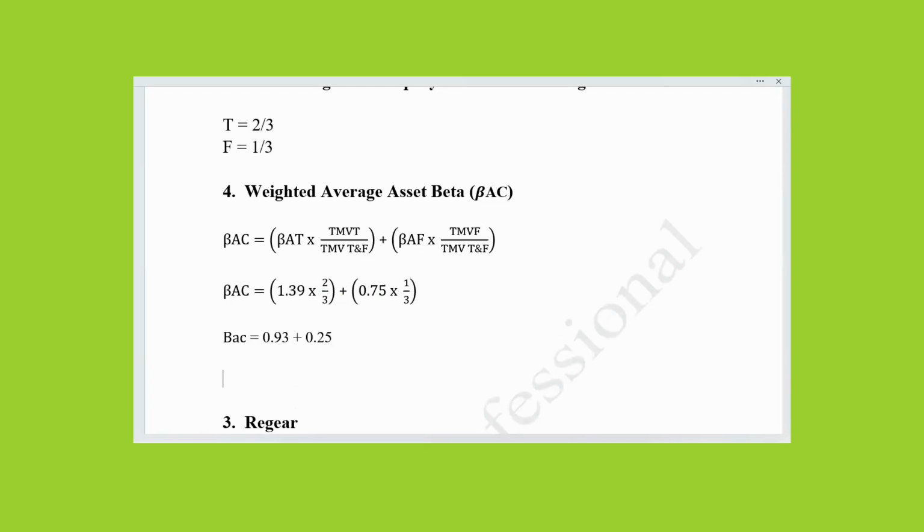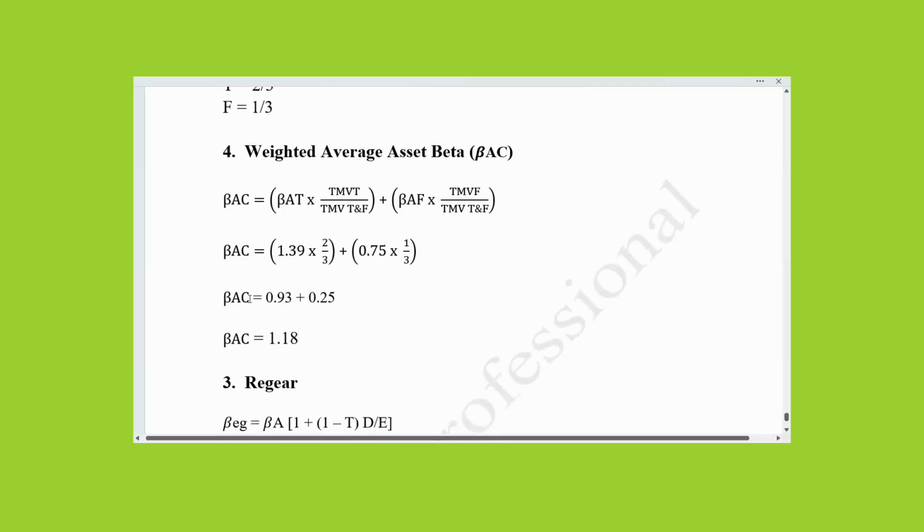So when you add the two together, what do you have? 1.18. All right, so that's the weighted average. Instead of using 0.93 and 0.25, you need only one beta, and that's why we calculated this 1.18. That's the combined asset beta.